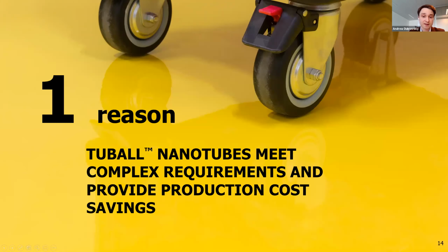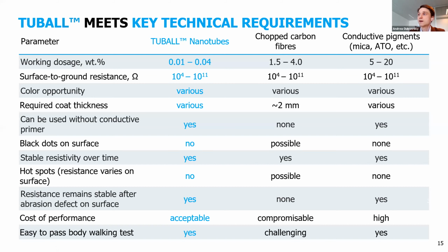And let's compare our tubal nanotubes with the most popular solutions available on the market today. One of them is, of course, chopped carbon fibers. And this is a very well-known agent, but it still has some drawbacks. The first one is the limitation of the base coat thickness.